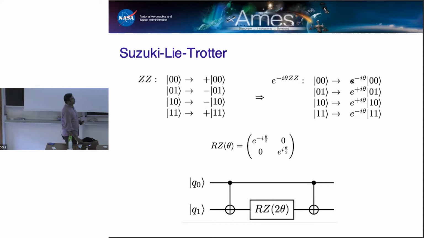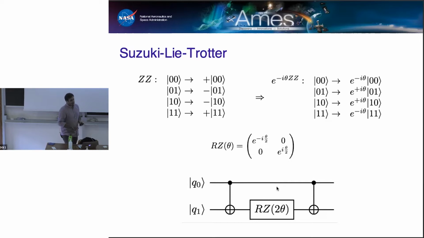Now if you recall the RZ gate, which is a rotation of theta about the Z-axis, in the computational basis it's of course diagonal, and this is the representation it has in the computational basis. So my claim now is that in order to realize e to the -i theta ZZ, I can simply run this particular circuit.